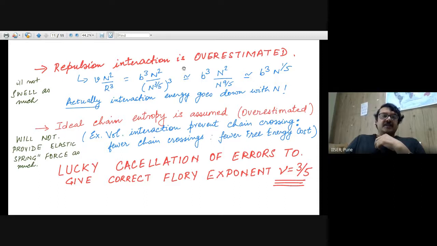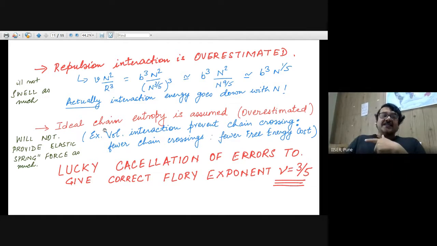The repulsive force is also overestimated, and luckily it has been shown by more detailed calculations that when you calculate the extra contribution due to this repulsion interaction, and this extra contribution which will try to shrink the chain, they actually exactly cancel.